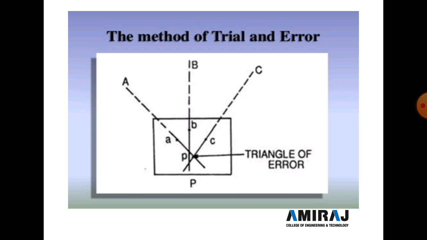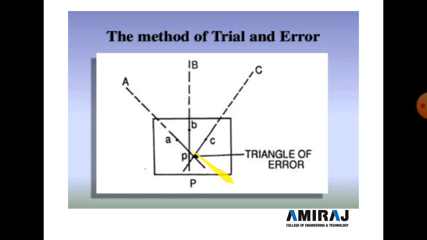So the table is set up at the P point and perfectly leveled, and orientation is done by eye estimate. Here with the alidade, rays from capital A to small a, B to b and C to c are drawn and extended.